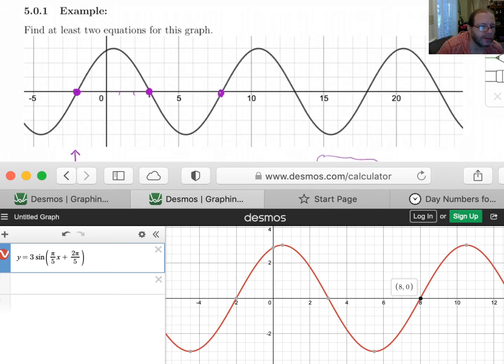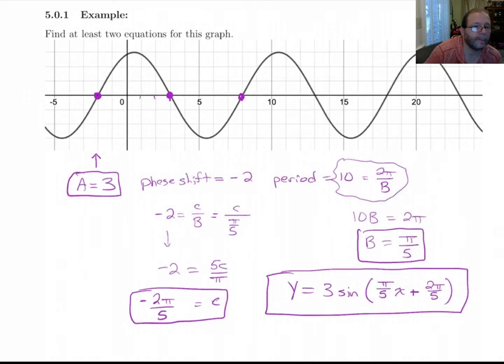So let's find another one. We could either do another sine, or let's do a cosine graph. I'll do this in black. It starts here and ends here.